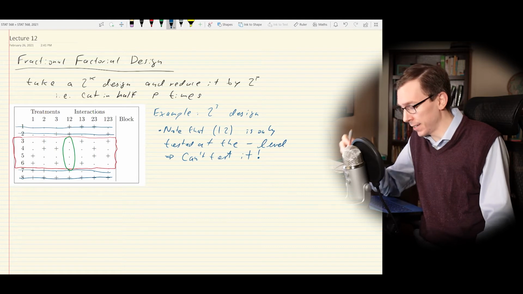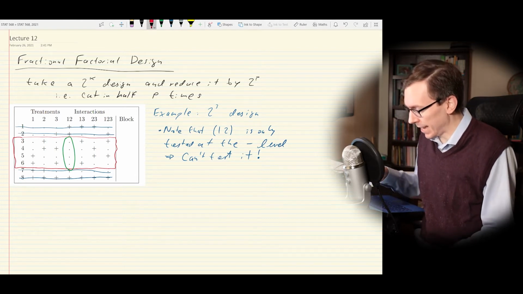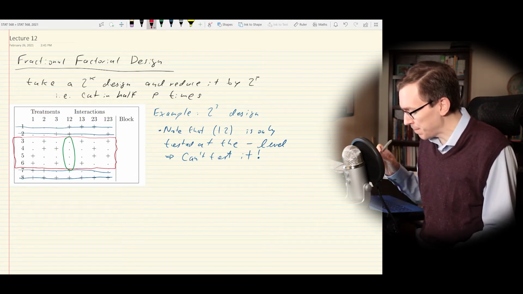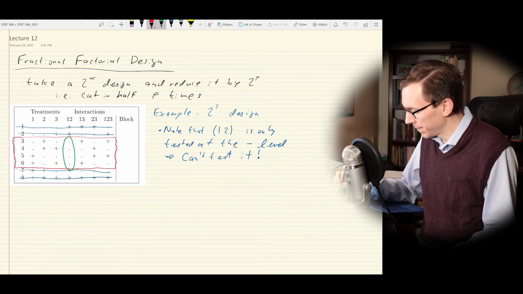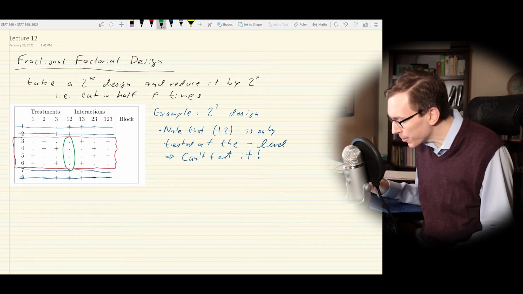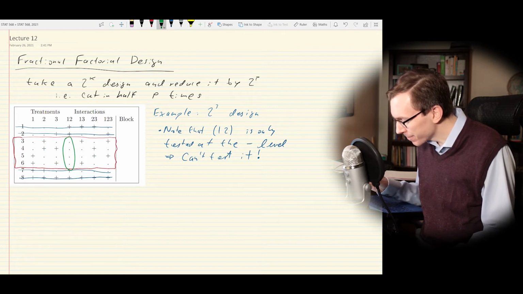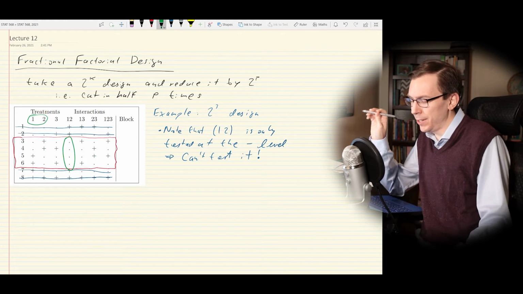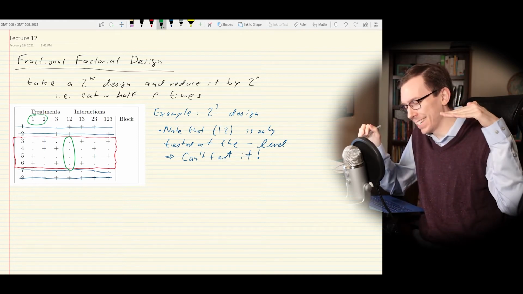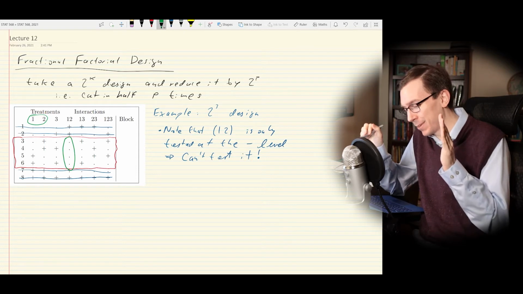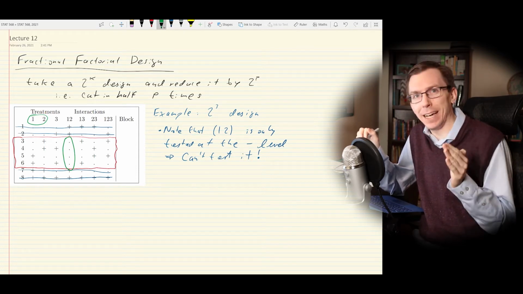Another interesting thing to note is that we have some pairings to take into account. If we look at columns 1 and 2, we note that whenever 1 is at minus, 2 is a plus, and whenever 1 is a plus, 2 is a minus.